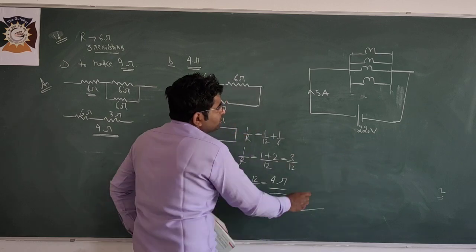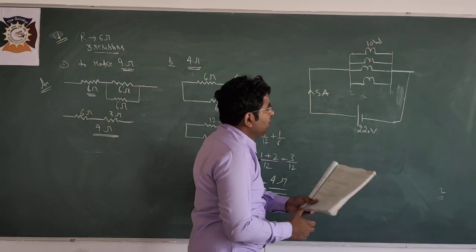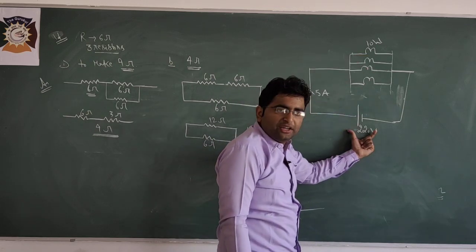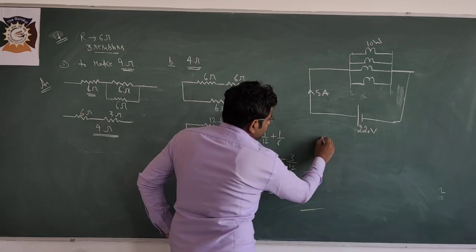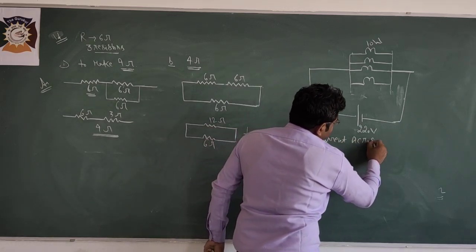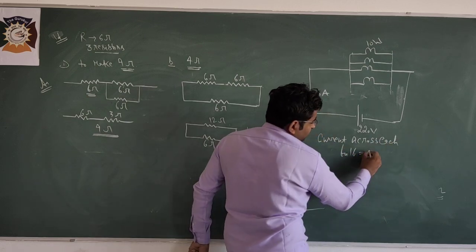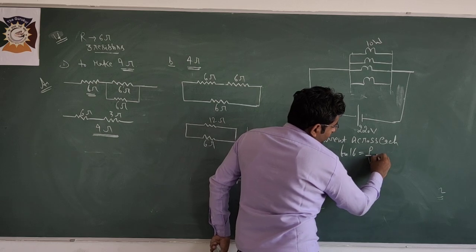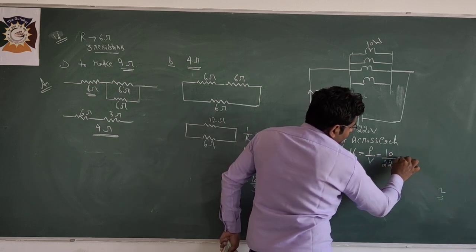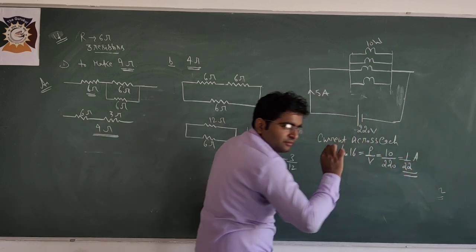So students, now each bulb has rating 10 watt. These are in parallel, so the voltage across each bulb is 220 volt. So the current across each bulb is equal to P upon V. Power is 10, voltage 220, so it will be 1 by 22 ampere. Clear?